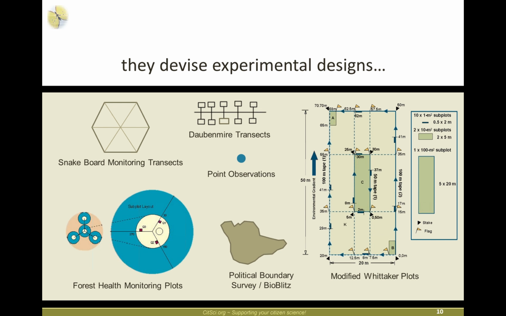And these designs might be anything from, for example on citsci.org, the Urban Ecology Center in Milwaukee, Wisconsin, that is doing snakeboard monitoring transects, and they devised this hexagonal transect scheme. What they did is they ran transects, three of them, from edge to edge of this hexagon, and along each transect at every, I think, 5 meters, they put down a 1 by 1 meter piece of plywood.